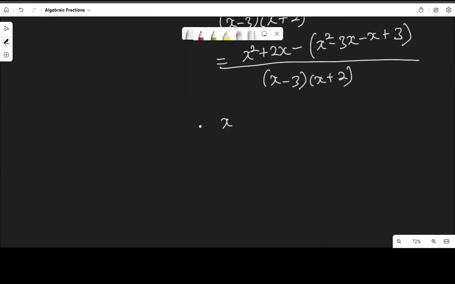This will give us x squared plus 2x minus x squared plus 3. Okay, let's add this first. This minus 3x minus 1x is minus 4x.